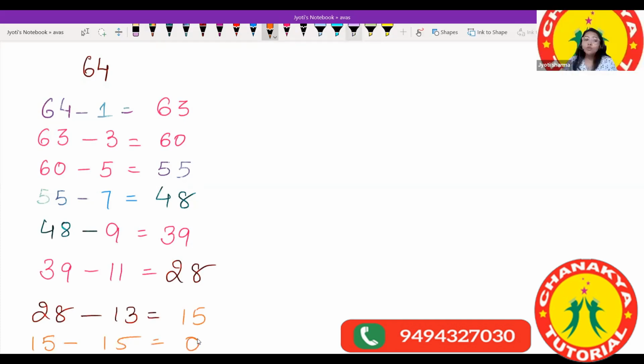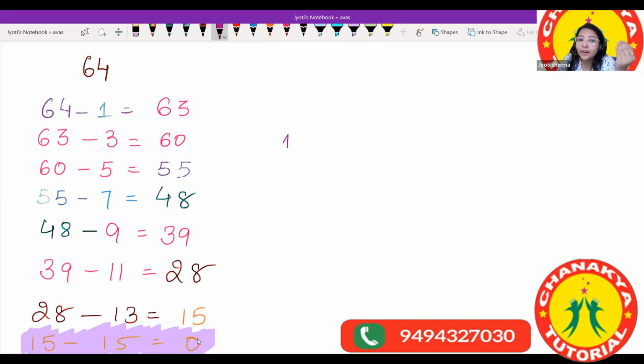Because when you subtracted the last number you got a 0, that's the reason it is a perfect square number. If you would not have got a 0, then it is not a perfect square. And here I can relate this.